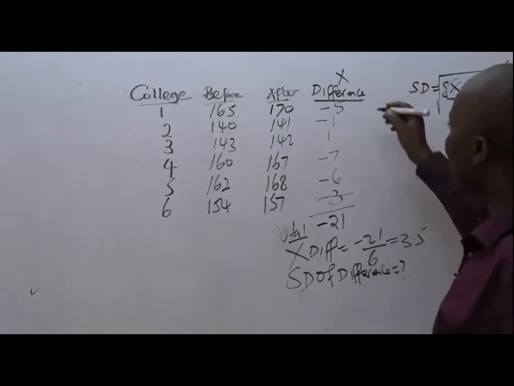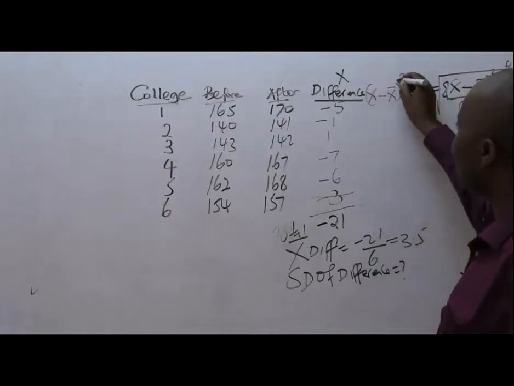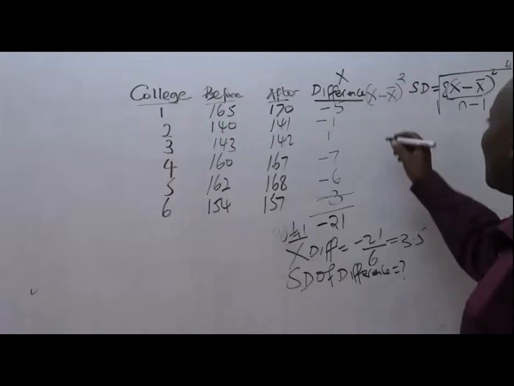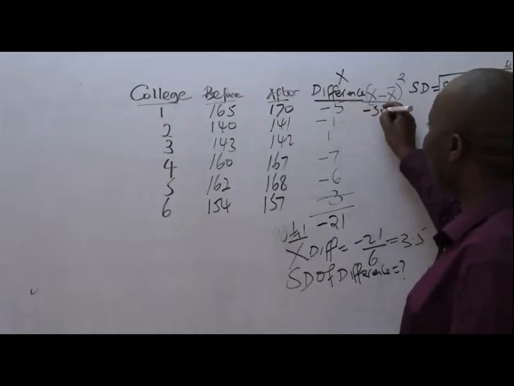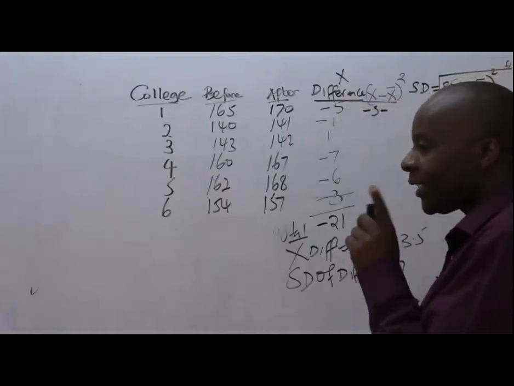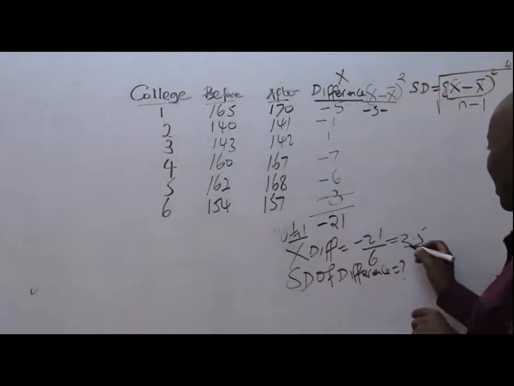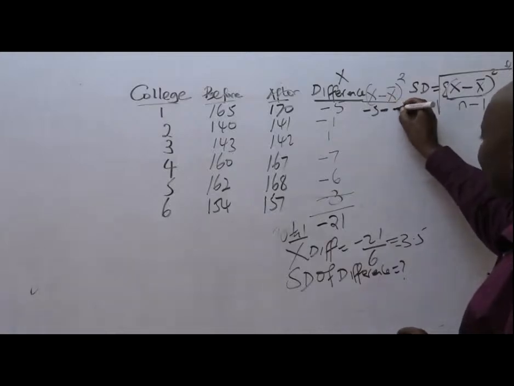So I'll create a column up here for X minus X bar squared. The first one will be minus 5. This is X. Minus X bar itself is negative, which is minus 3.5.